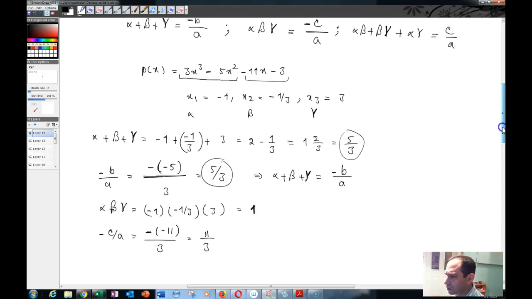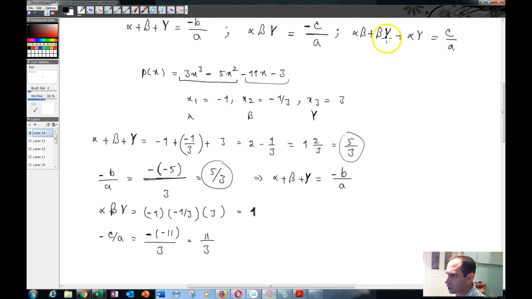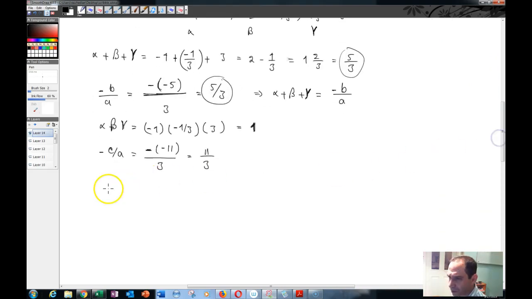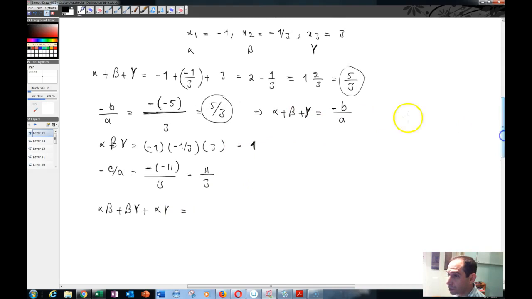And let's see what happens if I calculate alpha beta plus beta gamma plus alpha gamma. Okay, so alpha beta plus beta gamma plus alpha gamma is equal to these three roots over here.